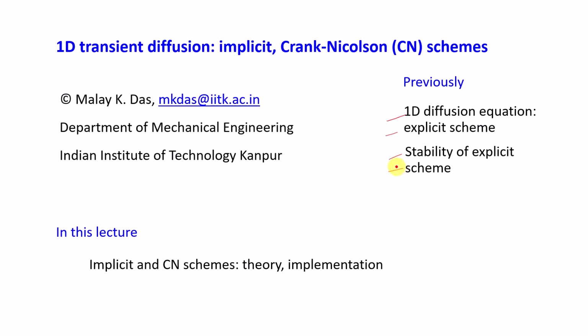Now, we are going to look at two new schemes here. One is called implicit and another is Crank-Nicolson. Both of these schemes, as we'll see later on, are unconditionally stable, and the schemes came as an outcome of research to improve the explicit method of solving one-dimensional transient diffusion.